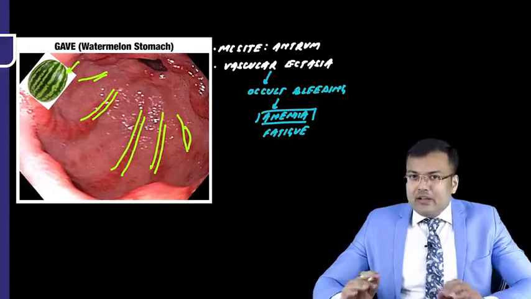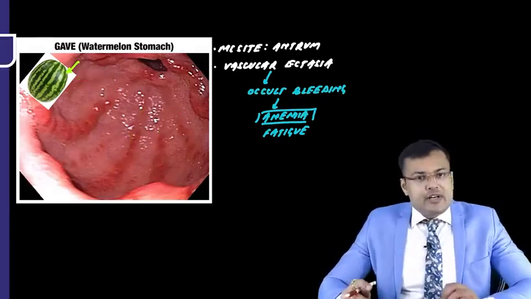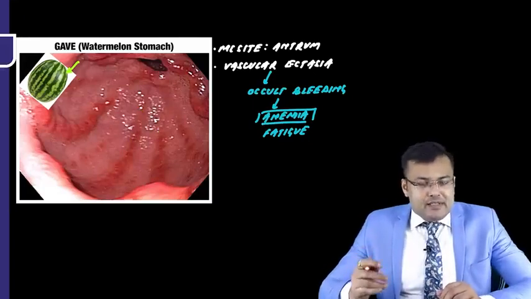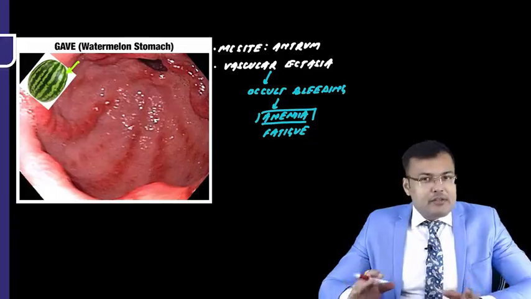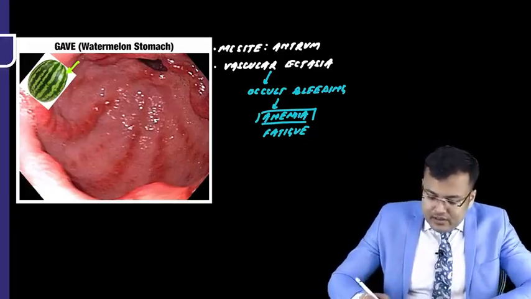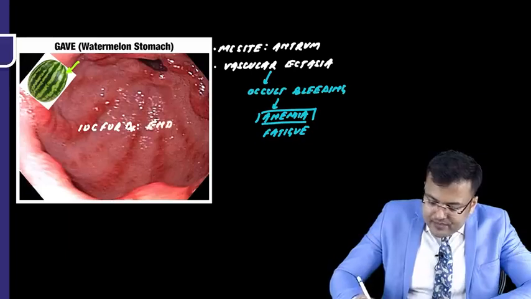Here also, the investigation of choice for diagnosis is endoscopy. And you can see parallel stripes of vessels. But you have to confirm the vascular ectasia also, and for that you have to do a biopsy. So here, what is the investigation of choice for diagnosis? We perform endoscopy plus biopsy.